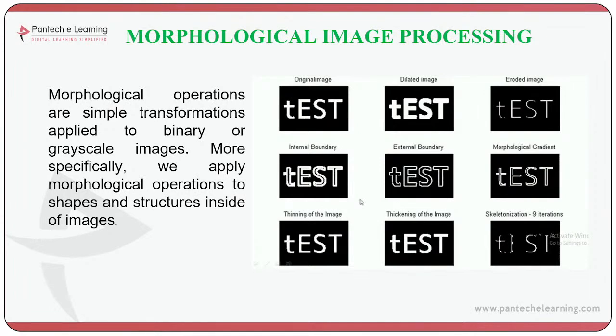It contains two basic operations: dilated image and eroded image. So erosion and dilation are the two basic operations we use in morphological image processing.